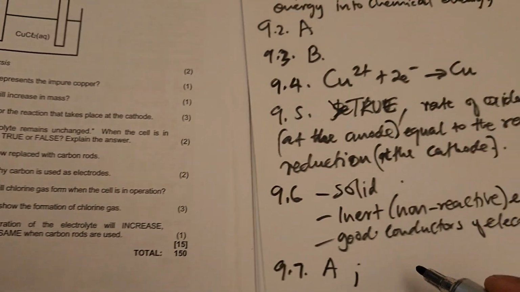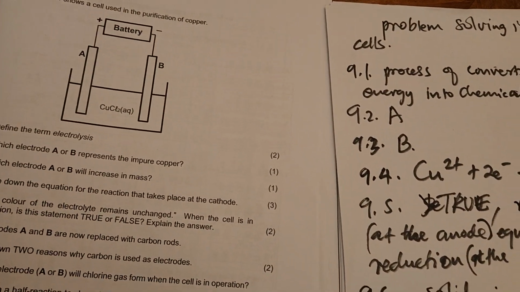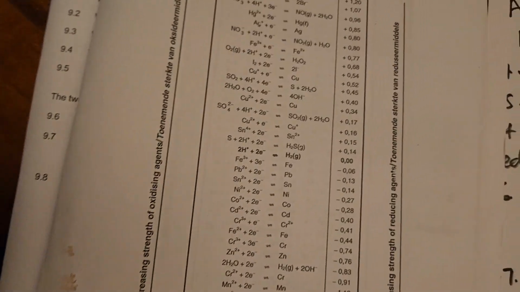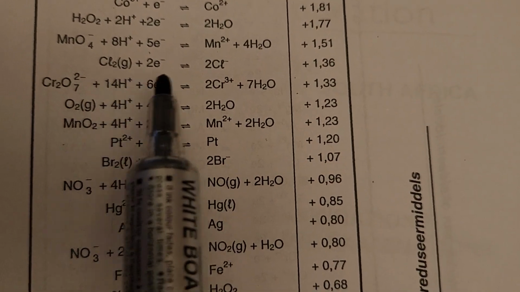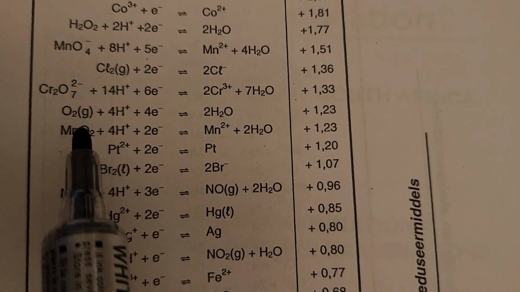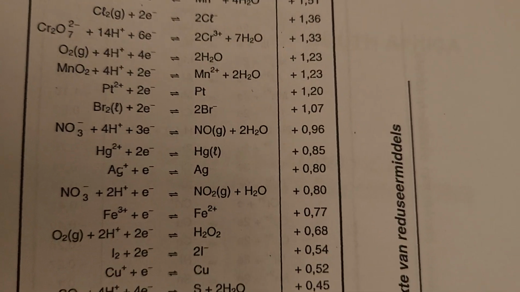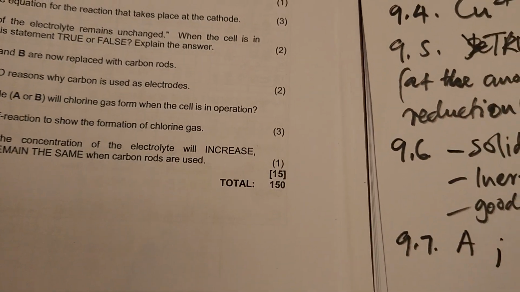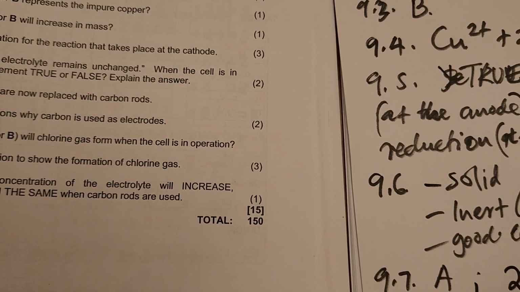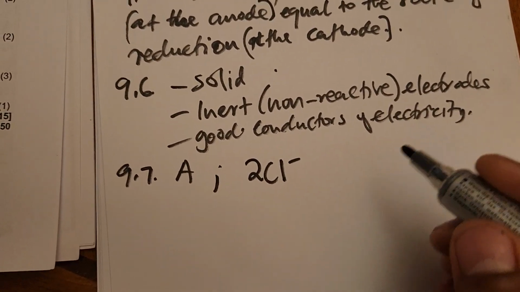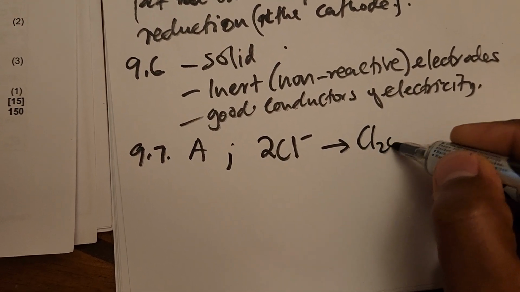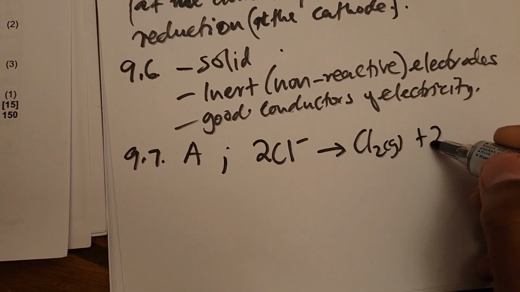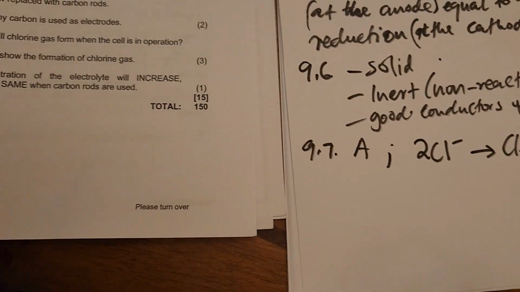We check from the table, and you'll find that chlorine gas is formed when the reverse reaction is taking place, which is the oxidation. Therefore, chloride ions are attracted to the anode, which is a positive electrode, as a result forming chlorine gas and 2 moles of electrons.